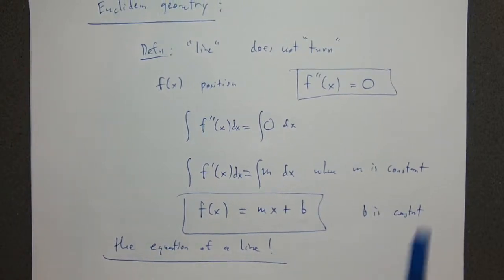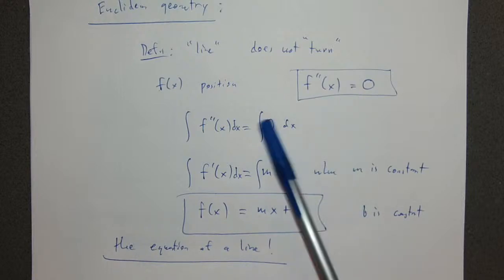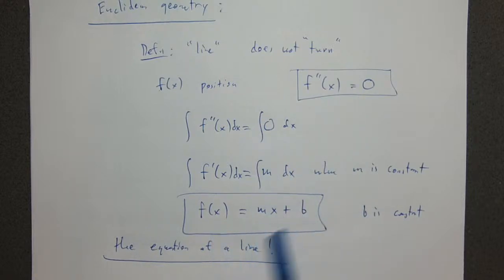And so we started with a description of a line as a path, if we think about it as the graph of a function such that its second derivative is 0. From that and from calculus, I get just the equation of a line. So if a function satisfies this, it's a line, and vice versa.